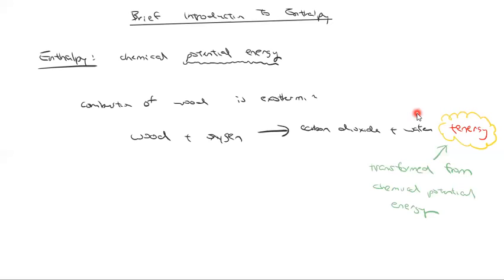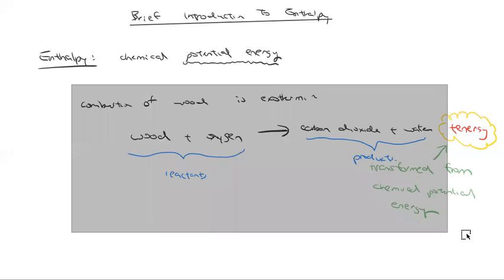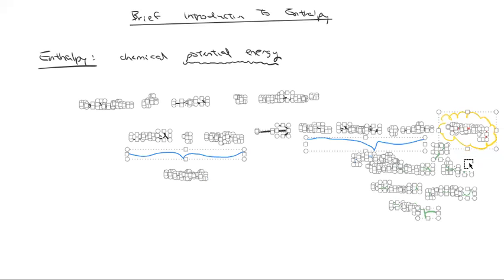And this chemical potential energy, you can think of as split into your reactants, which have some chemical potential energy, and your products, which have some chemical potential energy. Does that make sense?